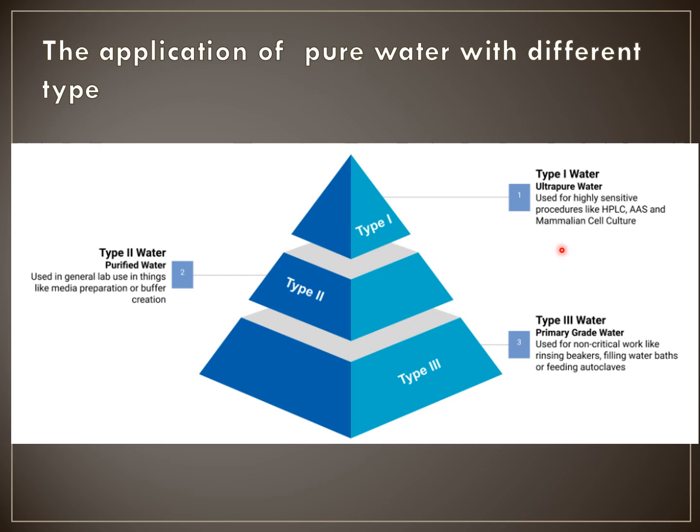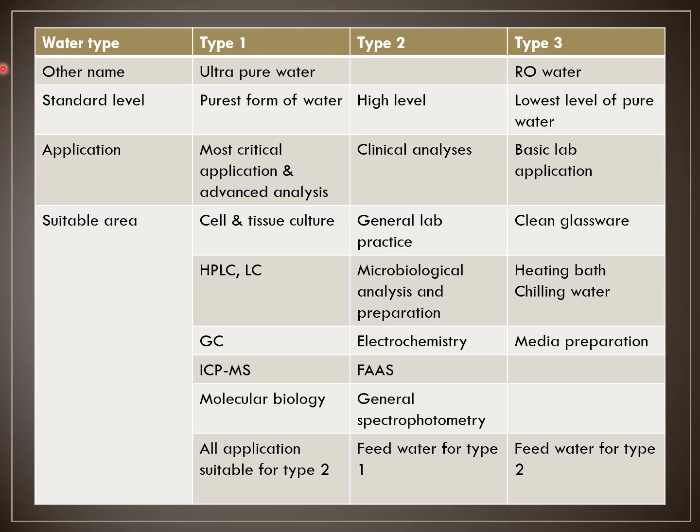We will check whether we need to reach type 1, type 2 or type 3. So we don't need to choose very high level water if our application is in a lower grade. Here is a table to guide you how to choose the suitable type.